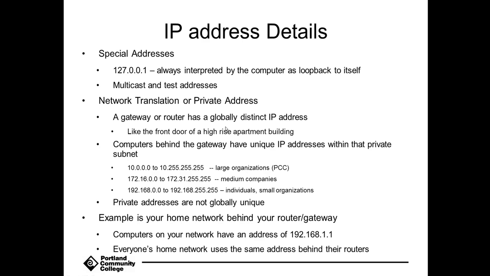I like to think of the globally distinct address as the front door of a high-rise apartment building. The front door has a unique street address and number, but each apartment just has the generic apartment 1, apartment 2, apartment 3, shared by the apartment building across the street. Again, private addresses are not globally unique by themselves, but when you combine them with the public address, your computer has a unique address.